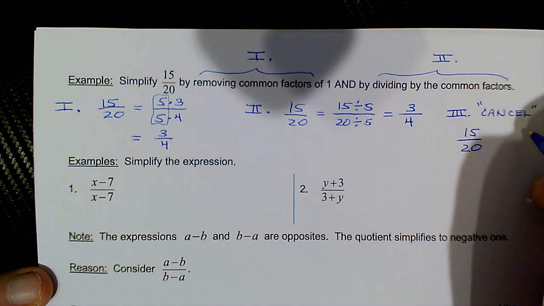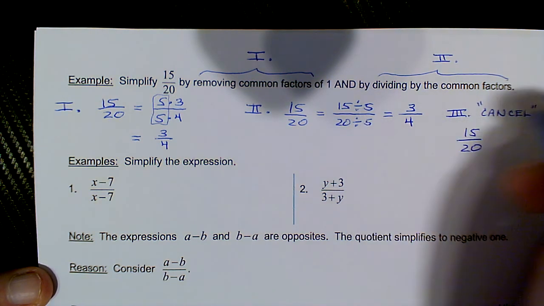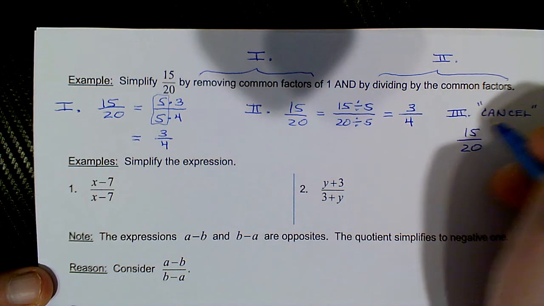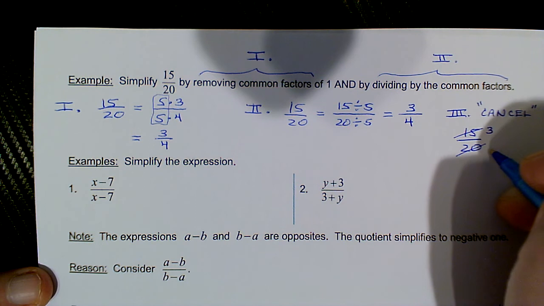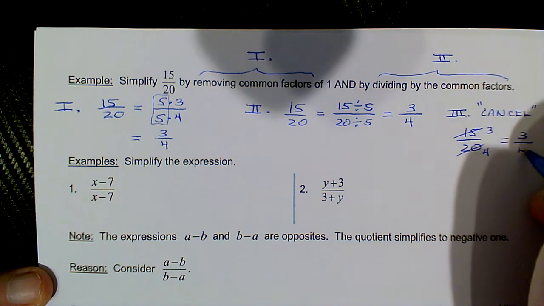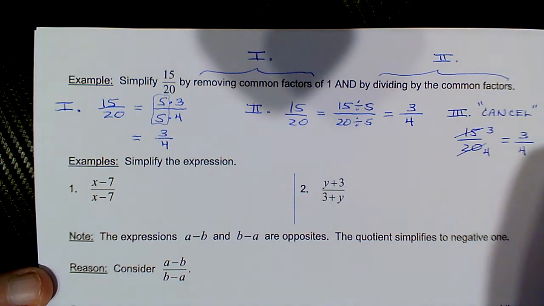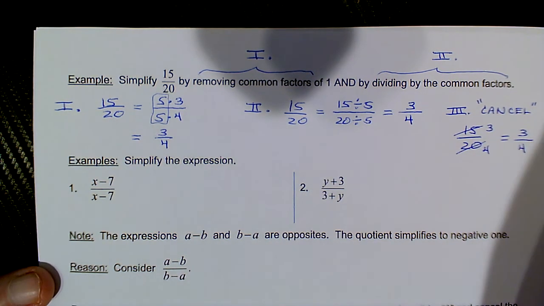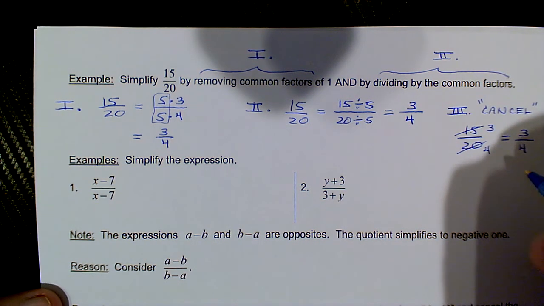They'll just simply say mentally, 5 divides into 15 3 times, and 5 divides into 20 4 times, so that gives us 3/4. So a variety of ways to go about it. Again, the canceling idea, some instructors don't like to say that word, but that's essentially the way most people will think about algebraic fractions, as we'll see in our examples here.